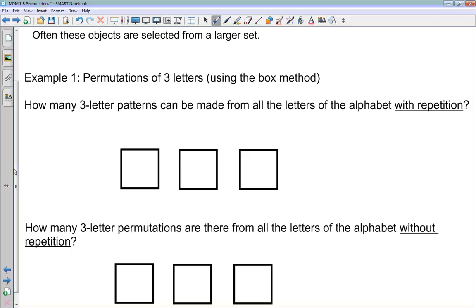How many three-letter patterns can be made from all the letters of the alphabet with repetition? What with repetition means is that you can use the same letter over and over again. So if the things that we have to arrange are all from the letters of the alphabet, we have 26 things to choose from.